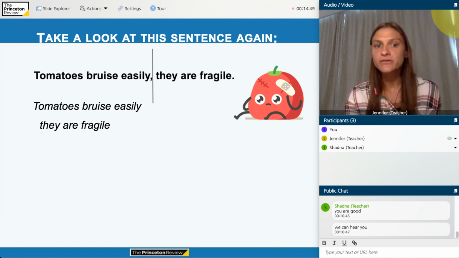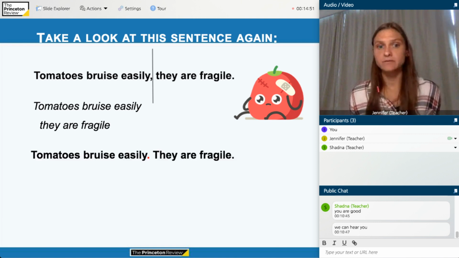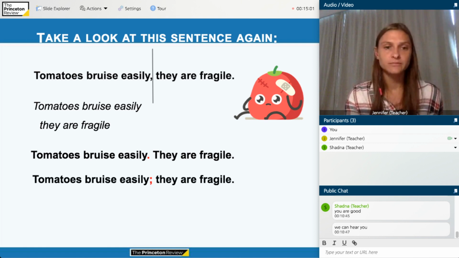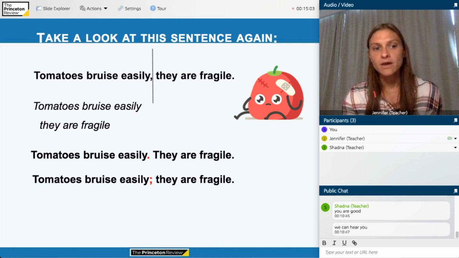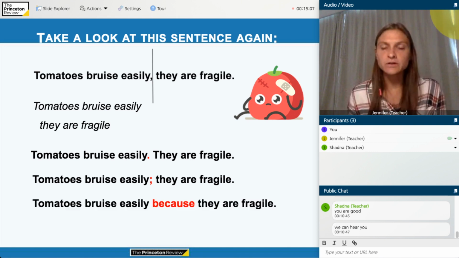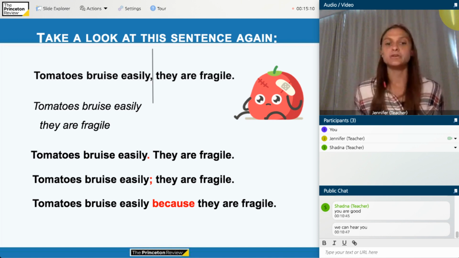So as we saw, we can just stick a period there and change the word they, capitalize that T, right? Tomatoes bruise easily. They are fragile. We can also use a semicolon. And there's so many other ways that this could be remedied, but let's take a look at a subordinating conjunction.